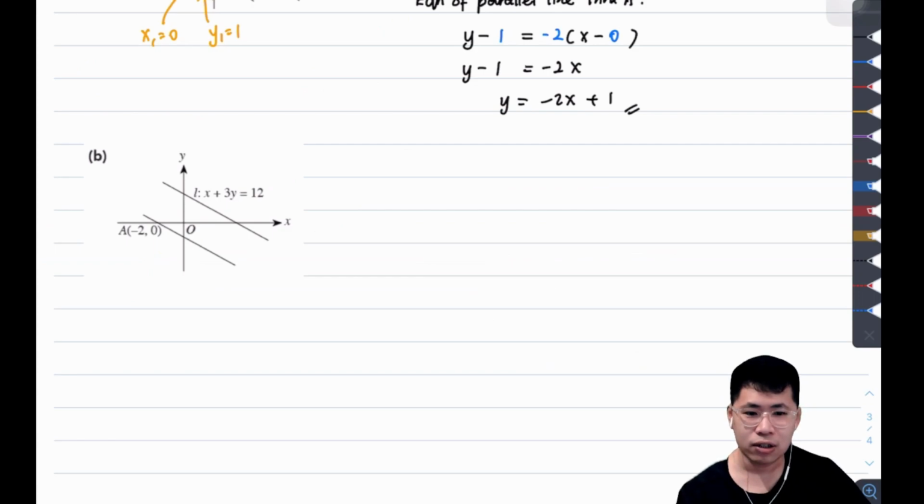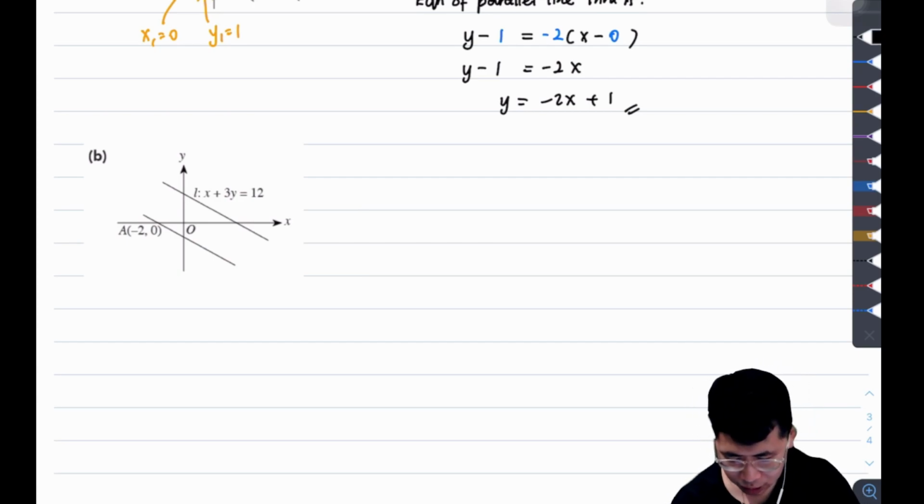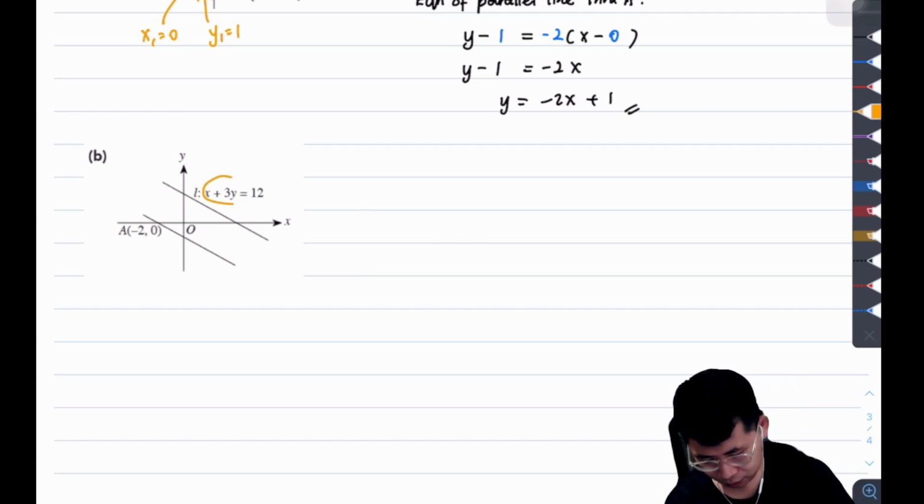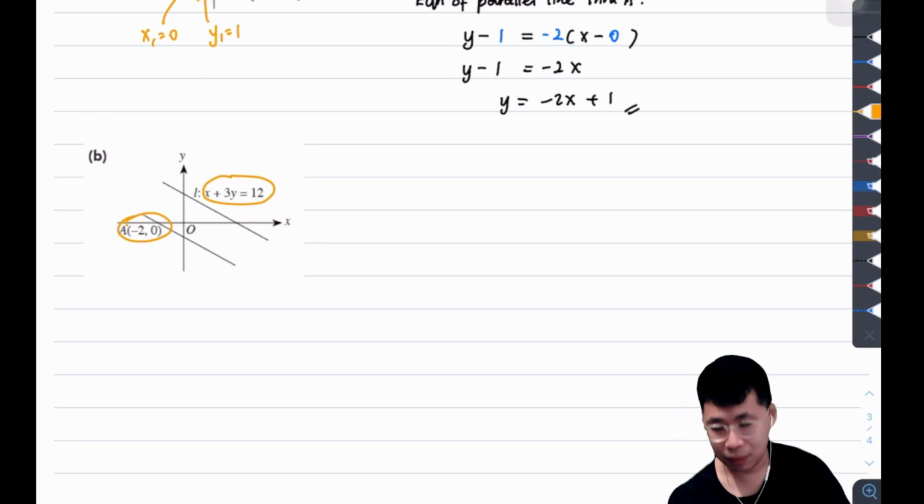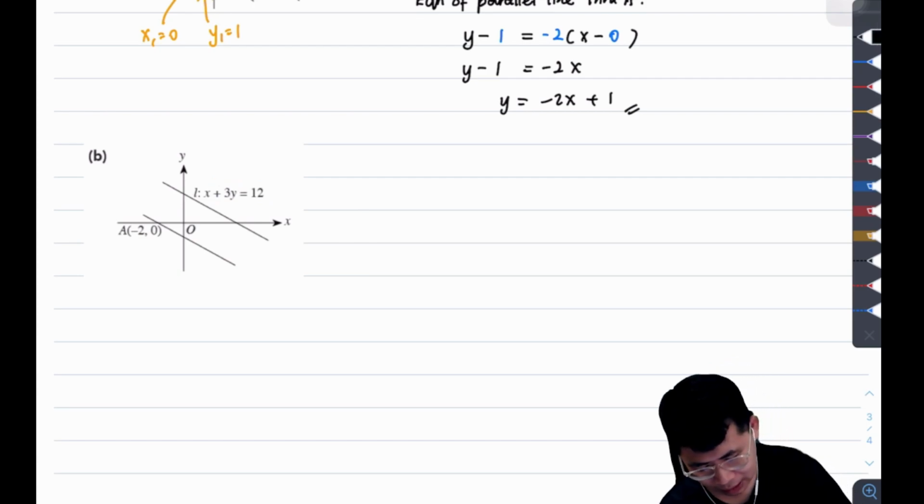Okay, so let's take a look at the same thing, which is question B. Alright, so in B we have again two lines. We've got the line L and we've got a point. So we can get the gradient from here, and then we can get the point that it passes through, so that we can get the equation of the line. First I'm going to look for the gradient. From line L, I have x plus 3y equals 12.